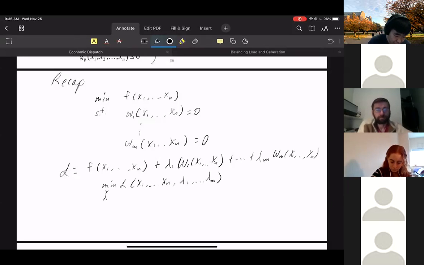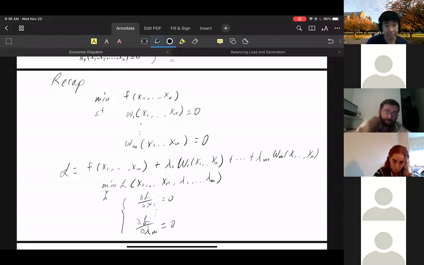If you do this minimization, what we have to solve is a system of equations. So we solve this system of equations.